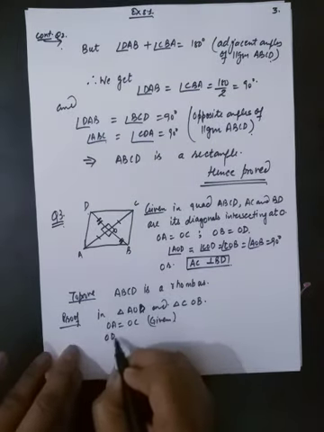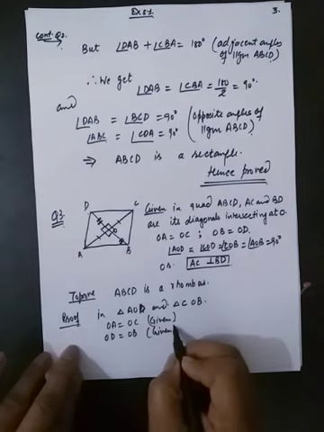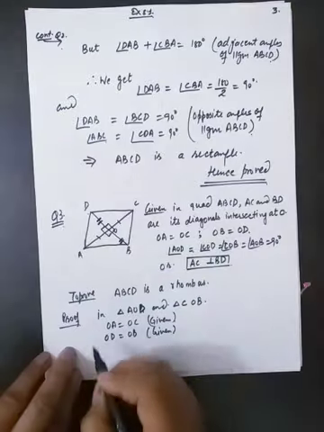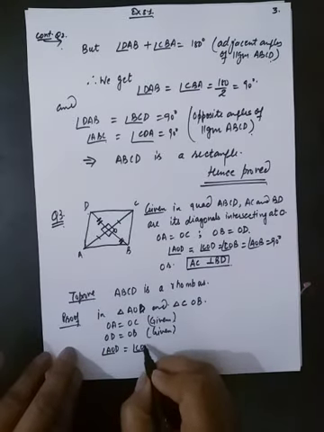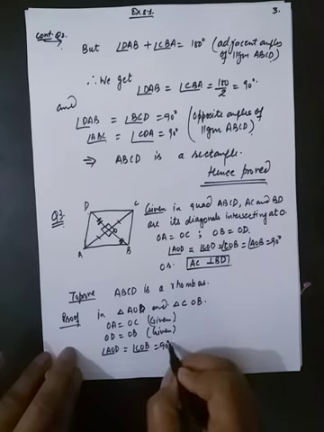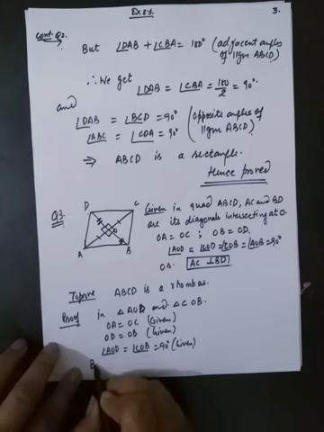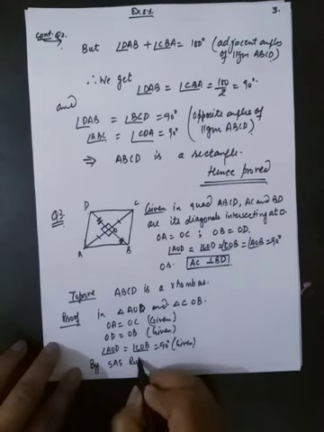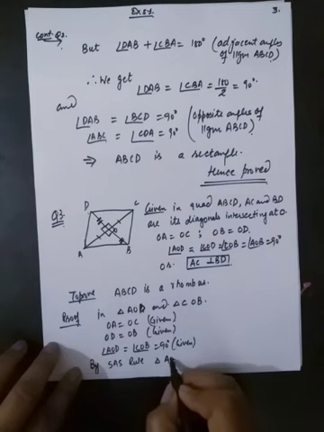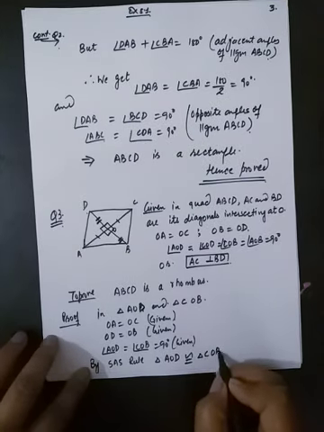And OD is equal to OB. This is also given. And angle AOD is equal to angle COB is equal to 90. This is also given. Again, by side angle side rule, triangle AOD is congruent to triangle COB.